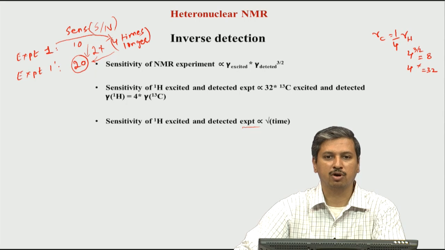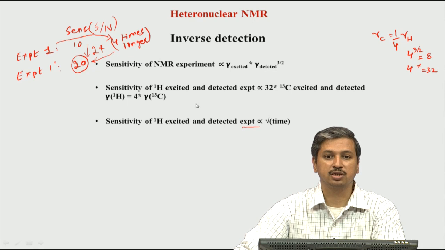So, 32 times longer is roughly 1000 times longer, sorry, the square of 32 times I have to run longer, and that is 1000 times longer. So, if I use carbon excitation and carbon detection, the sensitivity of that experiment is 32 times less, which means 1000 times more time is required.